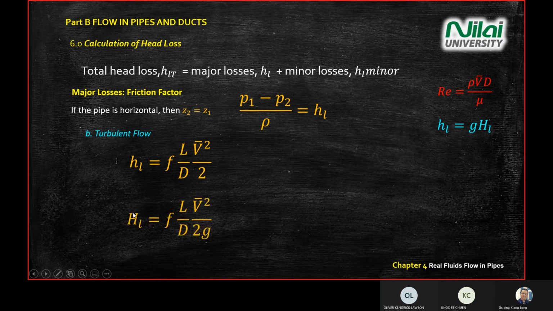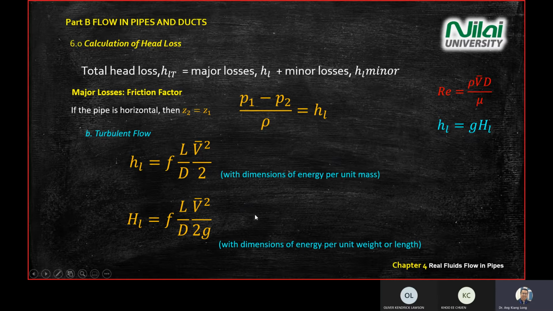Another term. In the textbook, you will have two equations: one is small HL, one is capital HL. The difference between these two is the relationship that capital HL equals g times small HL. So you substitute inside here and you get the second equation. Both of them have the same answer.